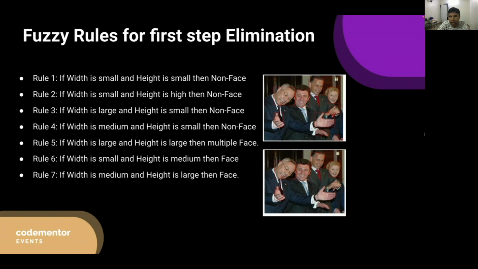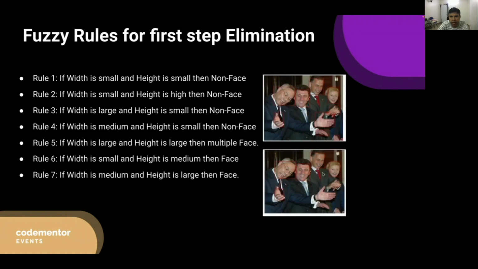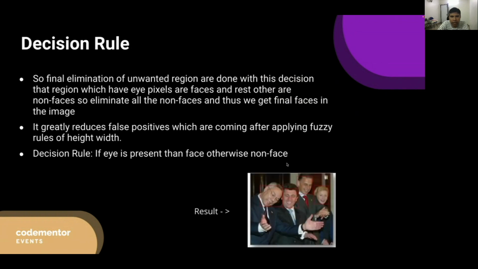So further, after passing this, we can easily see the eye regions are high intensity zones. So all those five get passed, and then in the decision rule, if an eye is present then it is a face, otherwise non-face.